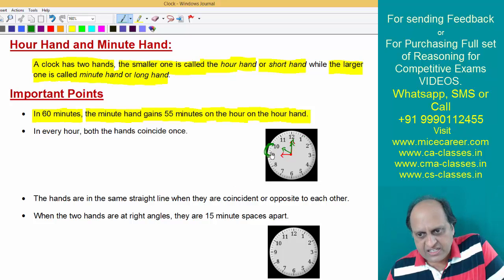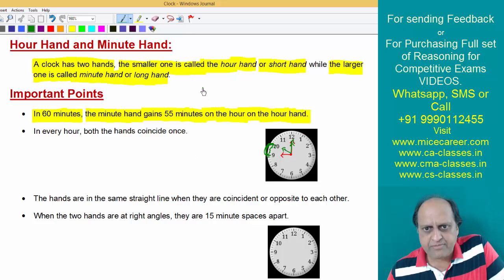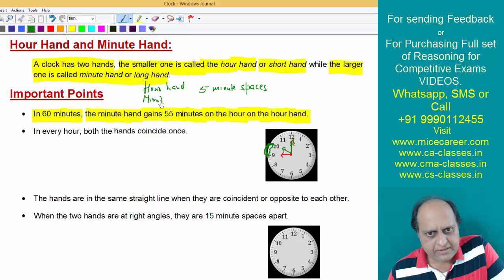In other words, the hour hand has traveled just 1, 2, 3, 4, 5 minute spaces, while the minute hand has traveled 60 minute spaces.